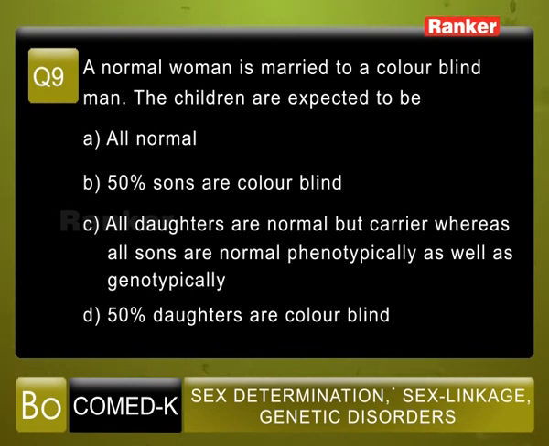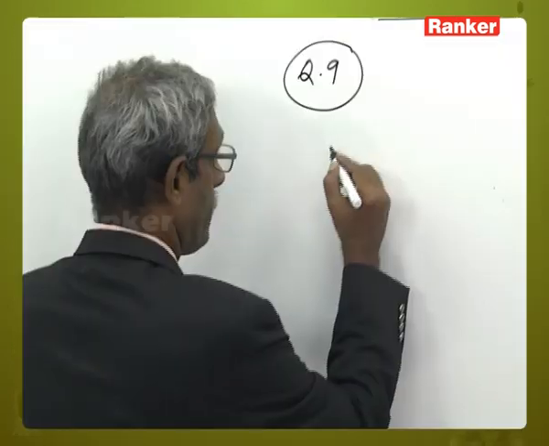But C, all the daughters are normal, but they are the carrier, whereas all sons are normal phenotypically as well as they are genotypically. Genotypically they carry the colorblind gene. And D is 50% of the daughters are colorblind. So when you analyze the choices, the nearest probable choice here is all the daughters are normal.